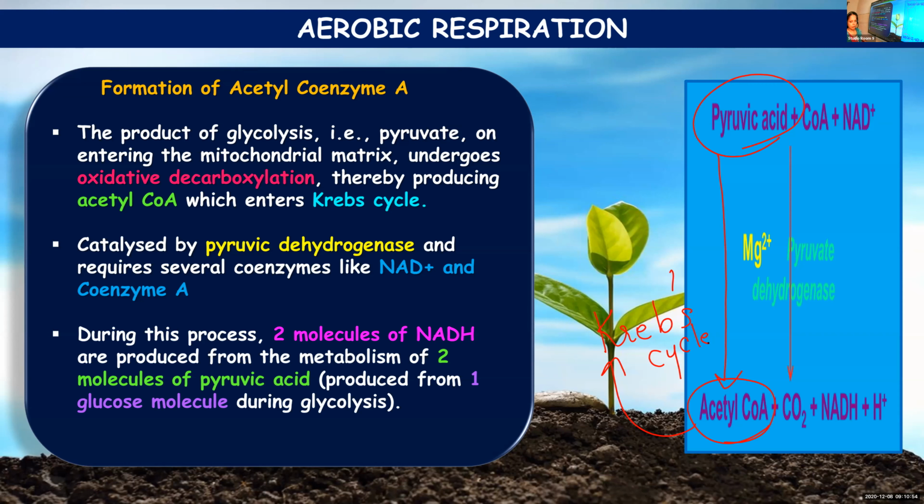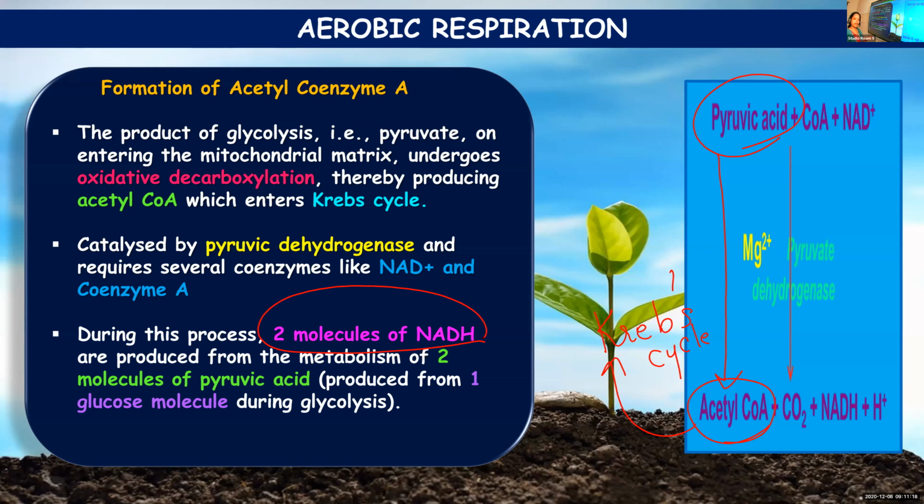This is for one glucose molecule. Two pyruvate molecules are formed, so we get two molecules of NADH. But as a result of glycolysis, we have obtained two molecules of pyruvic acid.